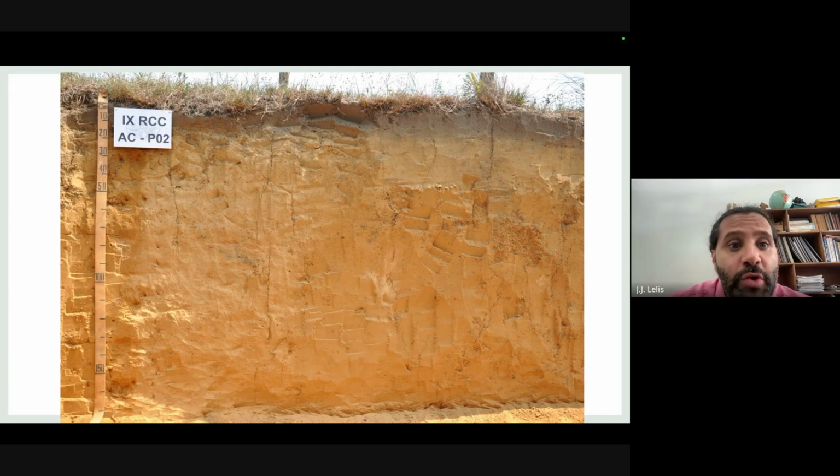So it's quite common that when we find oxic horizons, we have rivers that run all year. So we don't have a very strong dry season. And even when we have a strong dry season, the rivers are still running. Okay, they can run at a lower level, but they are still there.